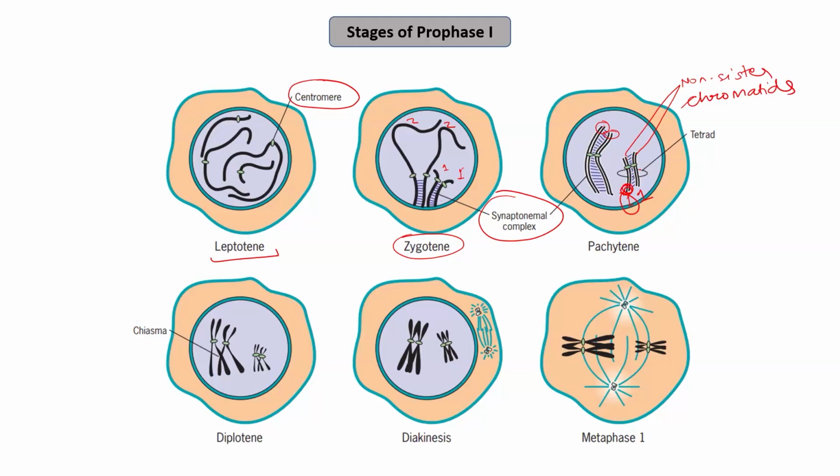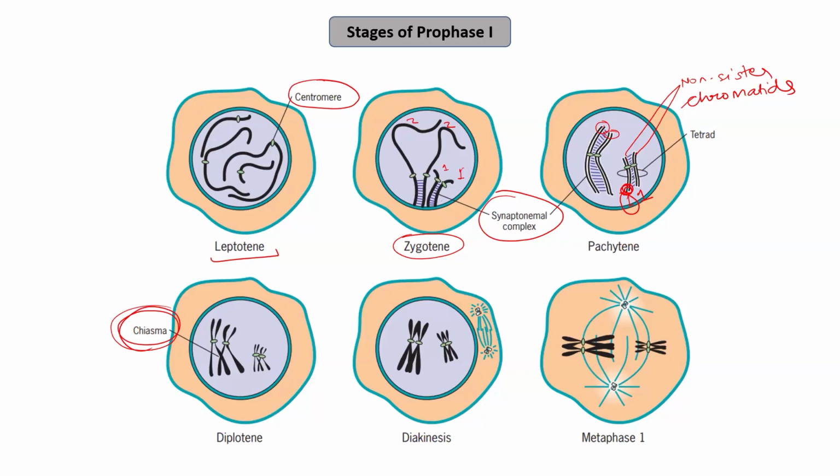So in the next stage, which is the diplotene stage, the chiasmata, which is the cross-like structure, forms. So this chiasmata, the cross-shaped structure, is formed in the diplotene stage. During this, recombination happens. So recombination happens by the process of chiasmata formation.